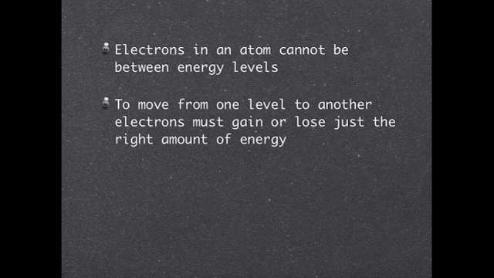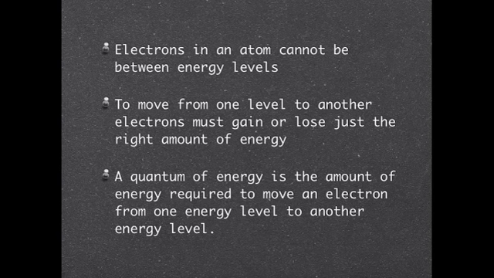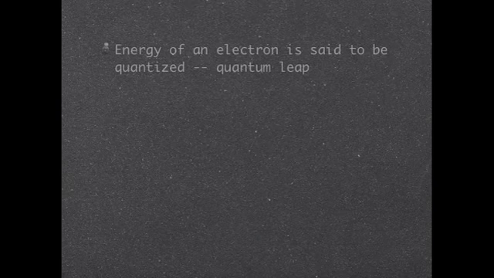So in order to move from the inside level to an outside level, they'd have to gain some energy. You'd have to put that in there. And when they want to drop back down, they're going to lose that amount of energy, what they call a quantum amount of energy. And when they're talking about that, they're talking about certain exact amounts, certain discrete amounts in order to move from one energy level to the other.